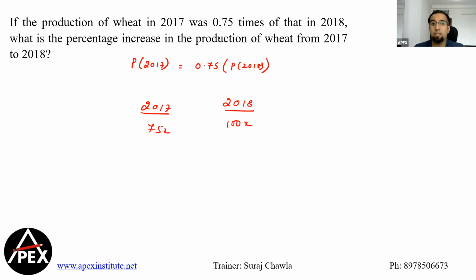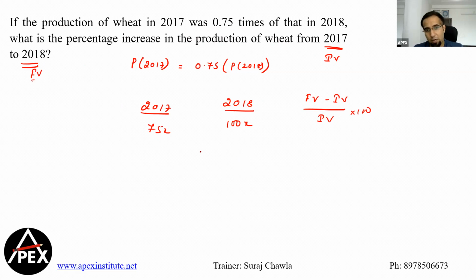Clear? Now the question is asking what is the percentage increase in the production of wheat from 17 to 18? Which means 2017 is going to be my initial value and 2018 is going to be my final value. So the percentage change formula would be final value minus initial value by initial value into 100.